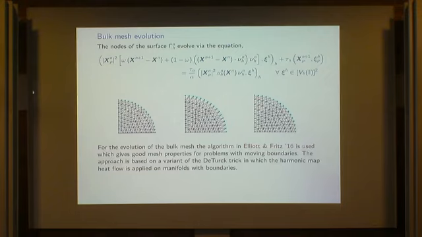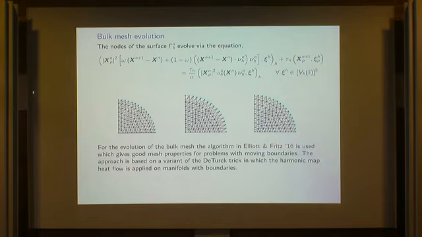And the nice thing is that this is a structure preserving algorithm. So if you start off initially with triangles which have good shape regularization, then by applying this trick, that's what you're going to end up with. So it's effectively a conformal mapping, and it gives rise to these nicely distributed meshes in the interior.